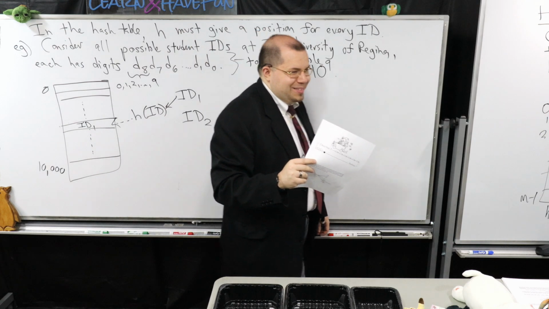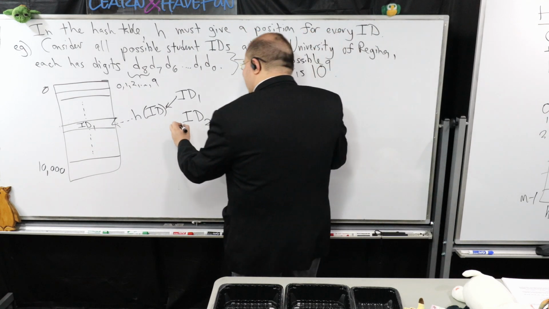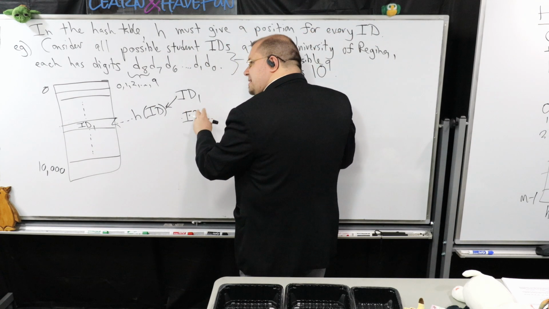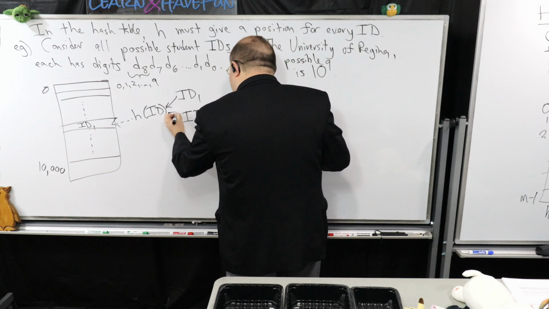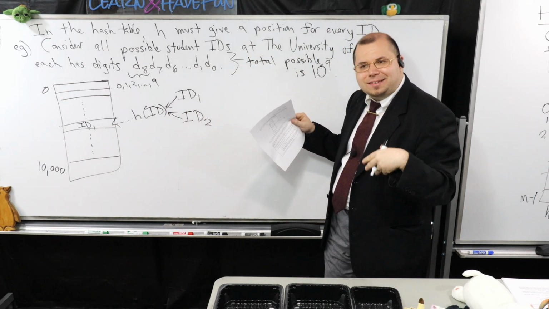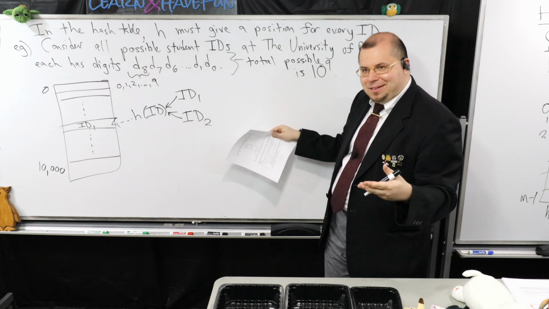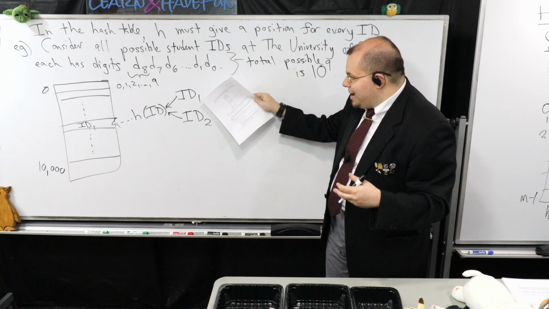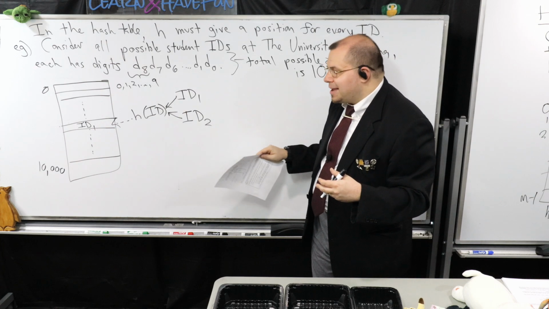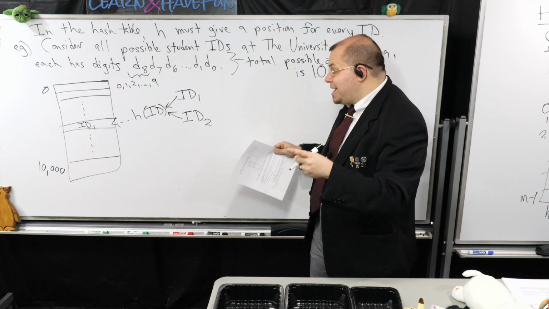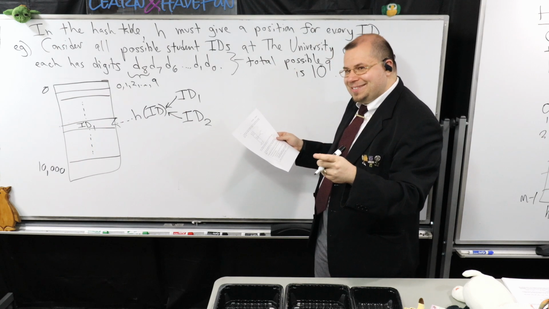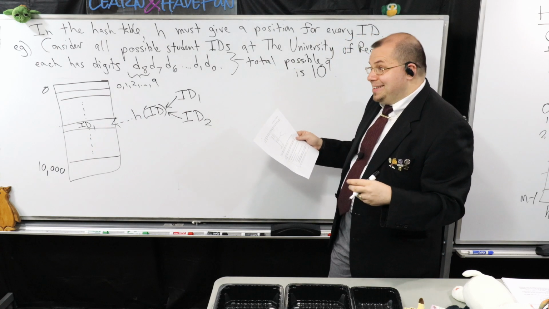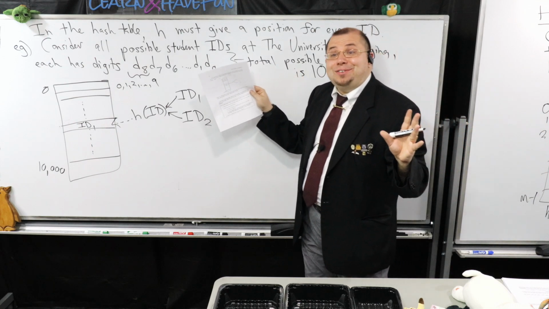Suppose there's another ID, and keep in mind there are many more IDs than there are spots in this table, so this is a very likely thing you're going to run into. Suppose I have another ID that, when I use this hash function, gives me the same exact position. So the question is, what do we do?